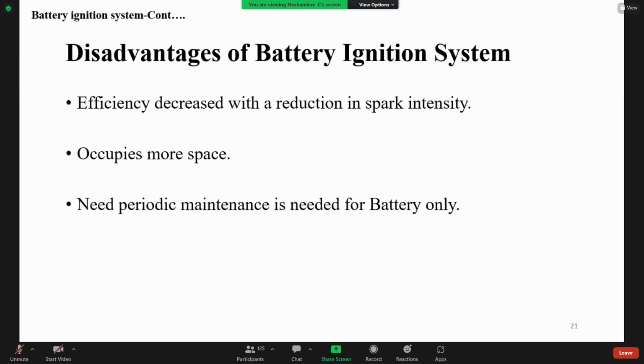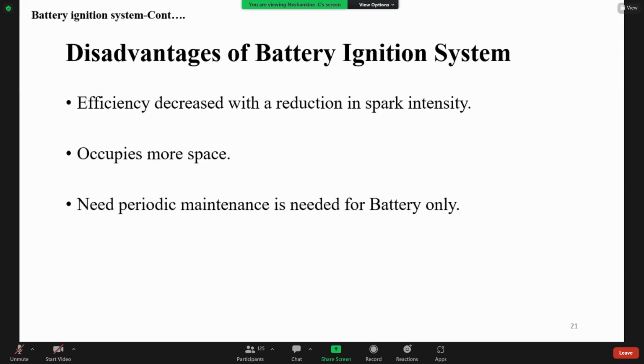Then this battery ignition system occupies more space than other types. Then the last one is we have to maintain this one at intervals, because we use a battery here.